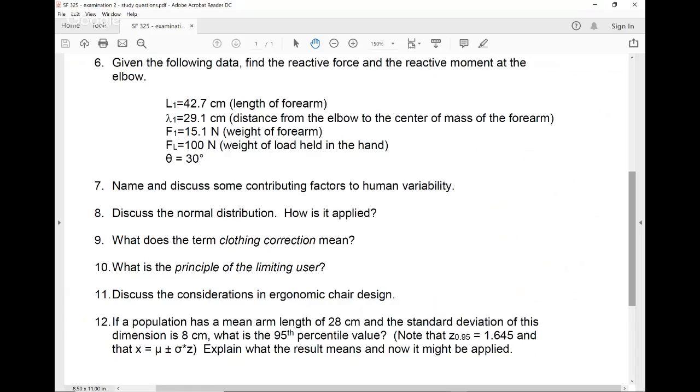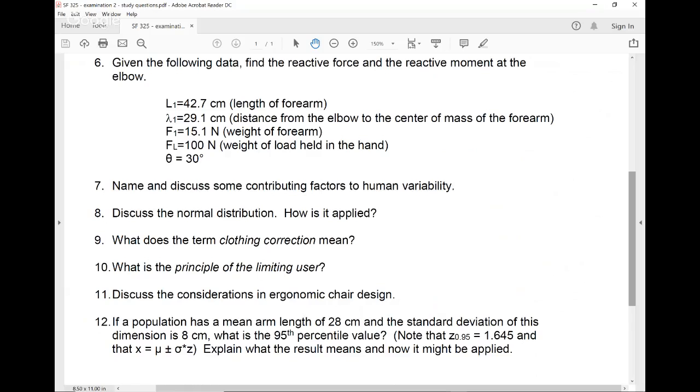Let's do it real quick. We have to make sure we match the right things with the right parts. We have the forearm. We have the center of mass of the forearm and the load. This would be the elbow. Theta is not that way.